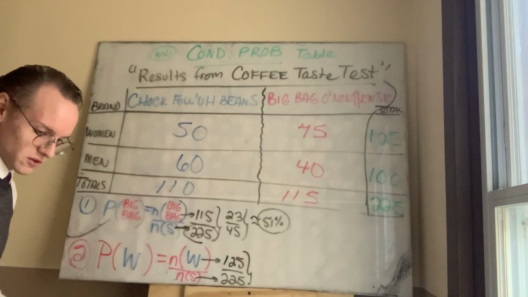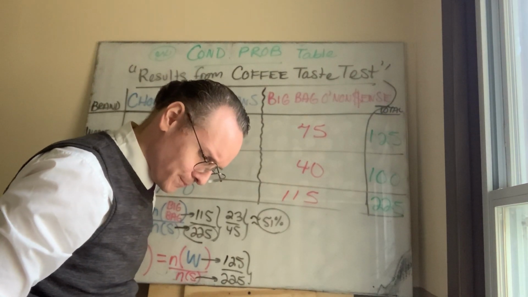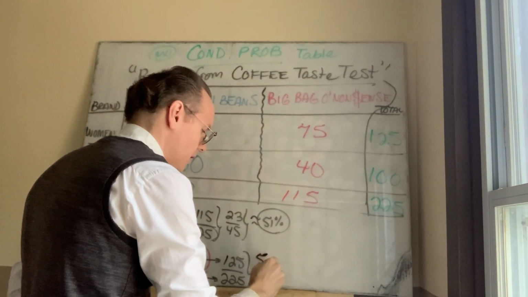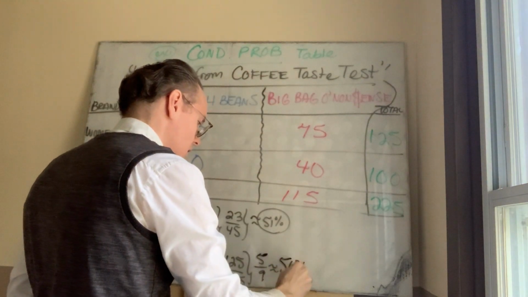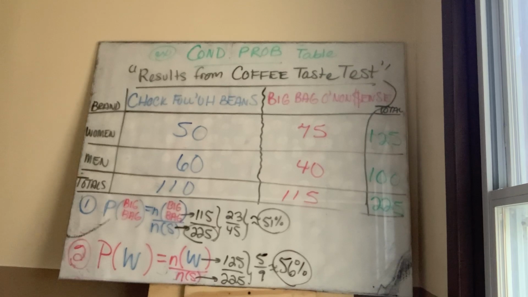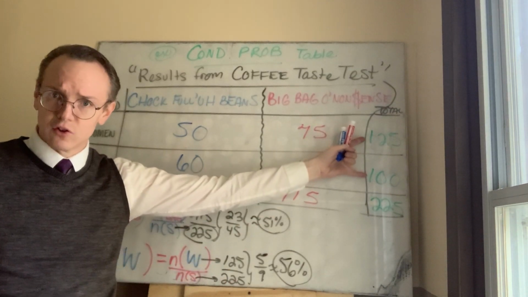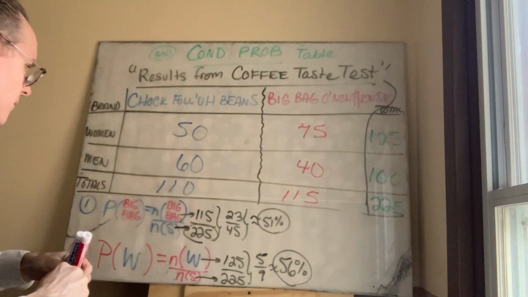If you reduce this fraction, you would get 5/9 ultimately. And then the percentage would be something like 56%. Apparently there were more women surveyed, and again, the totals reflect that. There's 125 women involved here, there's only 100 men.